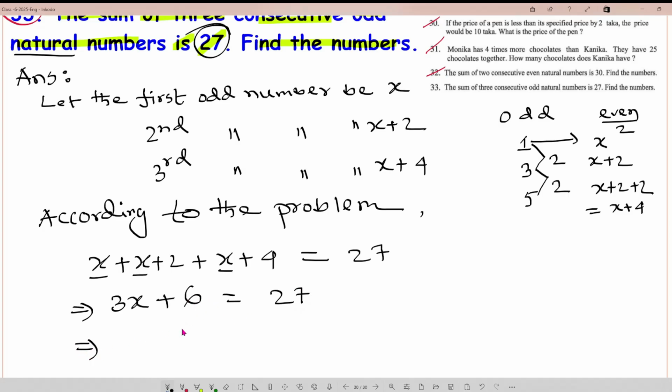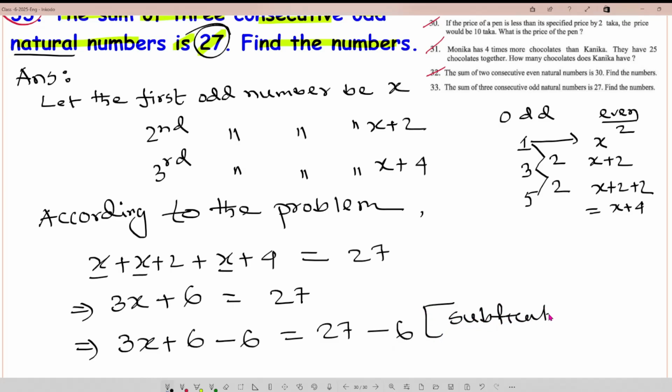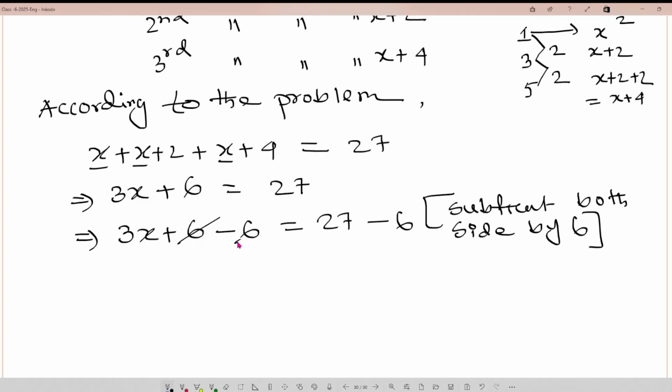This 6 we do not need on the left side, so we write 3x plus 6 minus 6 equals 27 minus 6. We subtract 6 from both sides, so 6 and 6 cancel out. 3x equals 27 minus 6, which is 21.